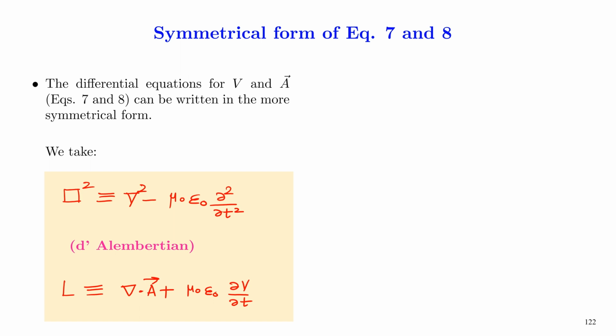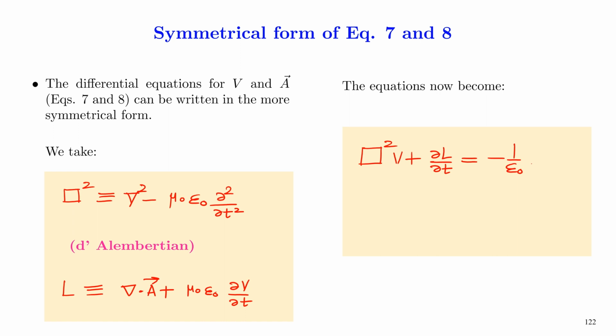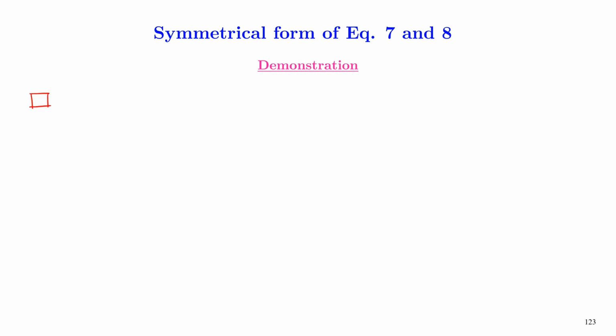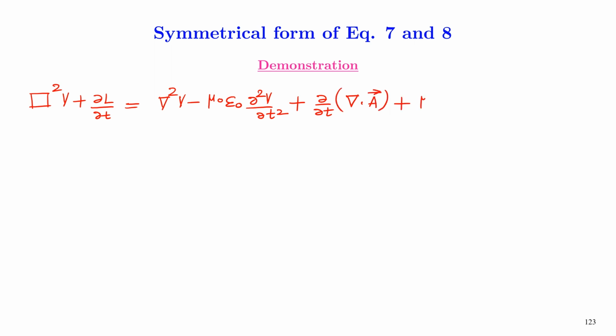When we substitute these two operators in equation number 7 and 8, they become D'Alembertian square V plus dou L over dou T equal to negative of 1 over epsilon 0 times rho, and then D'Alembertian square A minus del L equal to negative of mu 0 J. To demonstrate equation number 9, let's start with box square V plus dou L over dou T. When we expand this, this will be equal to del square V minus mu 0 epsilon 0 dou square V over dou T square plus dou by dou T of del dot A plus mu 0 epsilon 0 dou square V over dou T square.